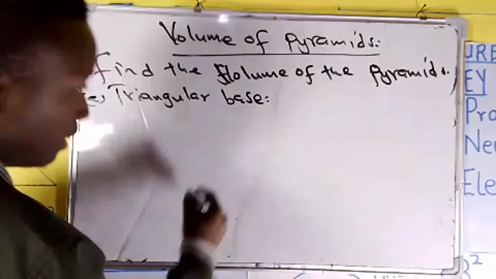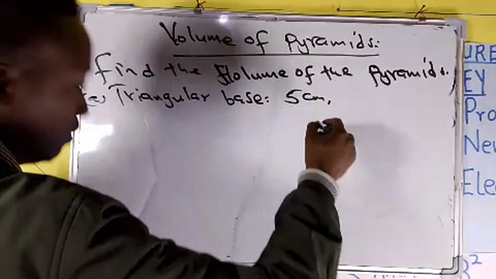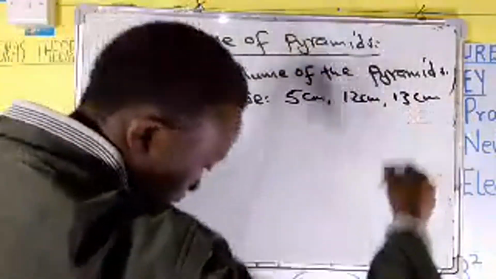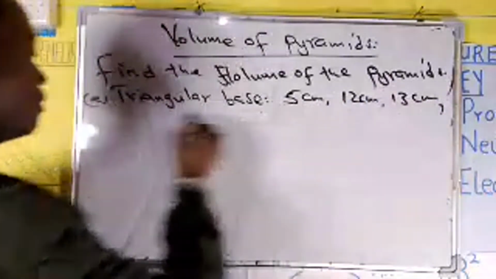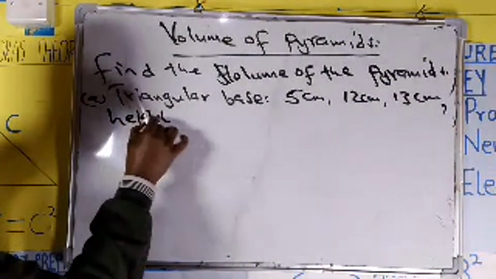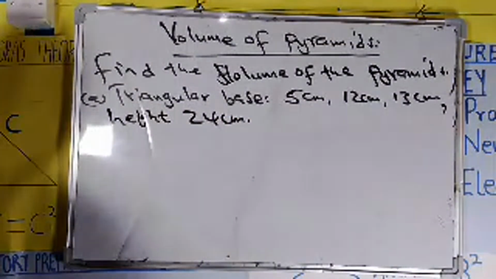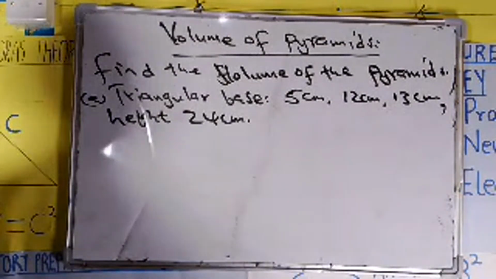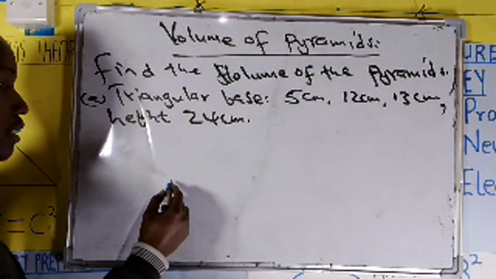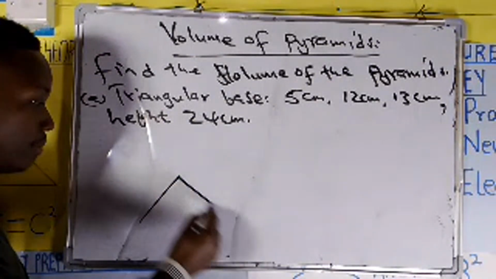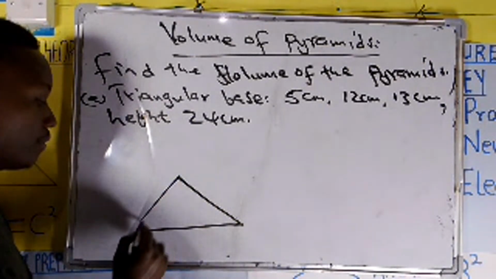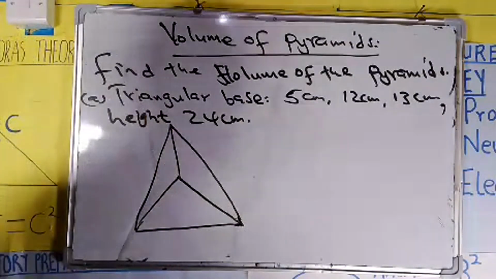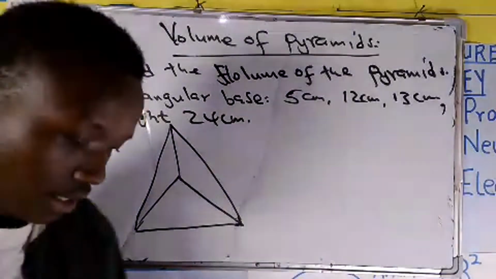It's a triangular base pyramid of 5 centimeters, 12 centimeters, 13 centimeters, and the height is 24 centimeters. So that triangle is like this. That pyramid is like this. It's a triangular based pyramid. It looks like that. Let me show you an example.